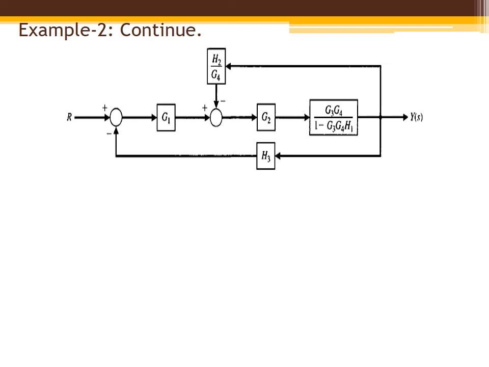After rule 3, G2 becomes series with the next block, and the H2 divided by G4 block comes in the feedback loop.